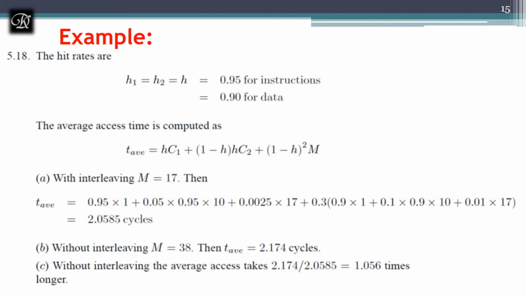Without interleaving, where M is 38, the average time will be 2.174. So without interleaving, the average access time will be 2.174 divided by 2.0585. It means it is about 1.056 times longer. Without interleaving takes 1.056 times longer than with interleaving.